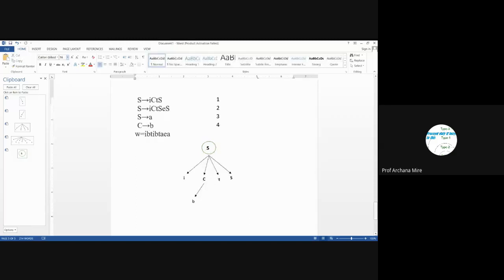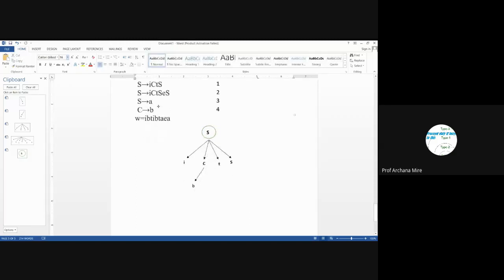Then next I can apply production rule number 2 on this S. Once again, I am following the leftmost approach, but it is not necessary that while identifying a derivation tree, you need to apply leftmost or rightmost approach like that. You can replace any of the non-terminals when you are trying to identify a derivation tree.